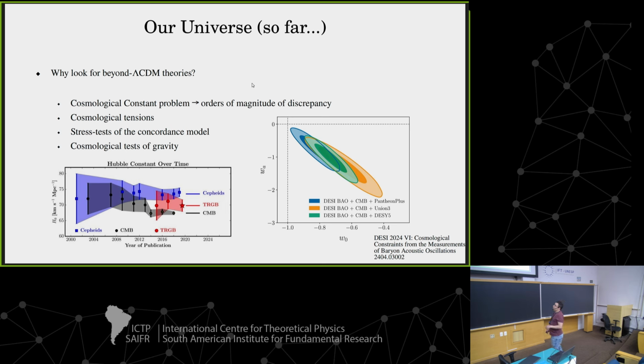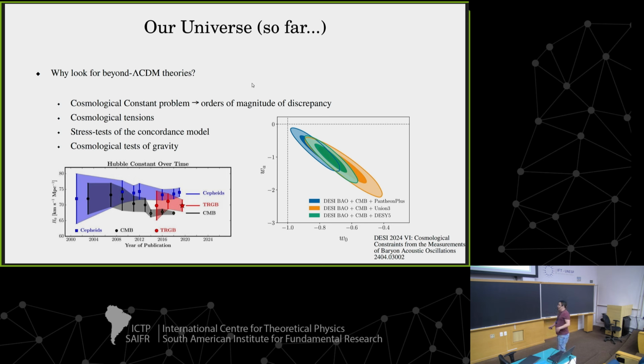Nowadays, we have cosmological tensions. We have the Hubble constant tension, which is outlined here in this plot. We can see that the values we infer from the CMB are lower than the ones that we can actually measure using Cepheids and the tip of the red giant branch as calibrators.